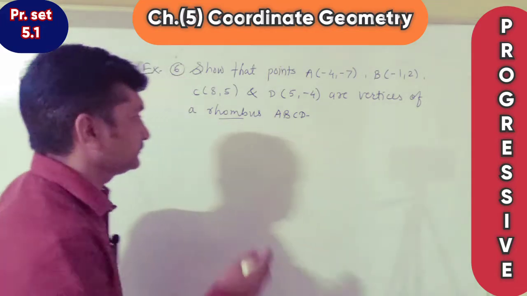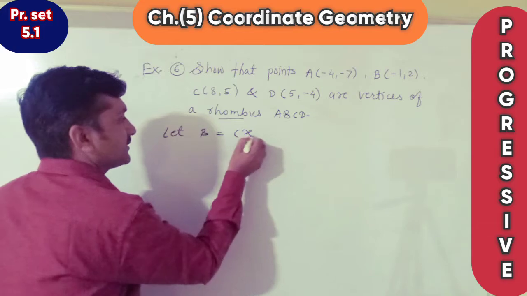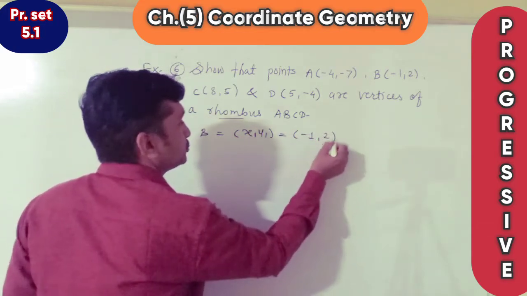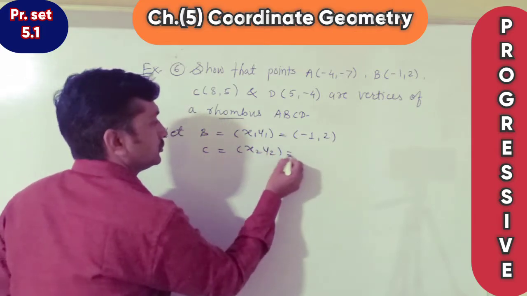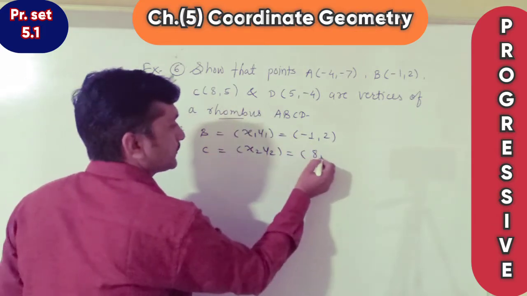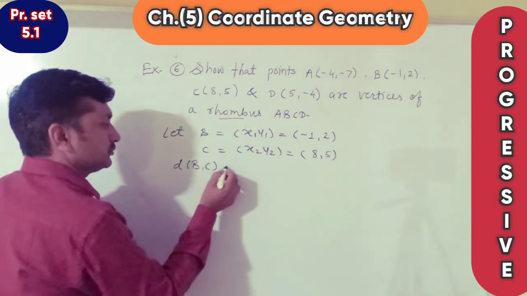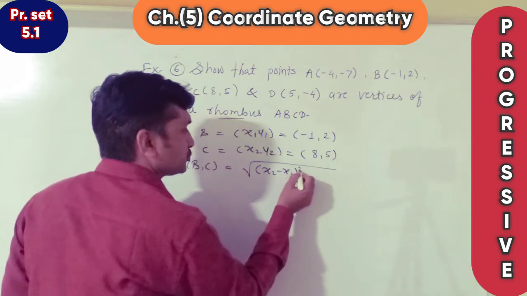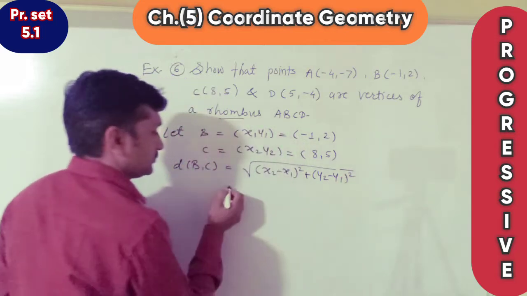Let's find BC. Let B is equal to (x1, y1) is equal to (-1, 2). C is equal to (x2, y2). Coordinates are (8, 5). Distance BC is equal to square root of (x2 - x1) bracket square plus (y2 - y1) bracket square.